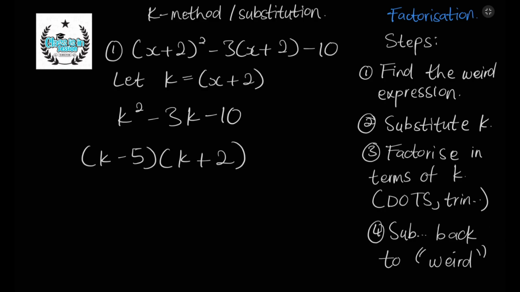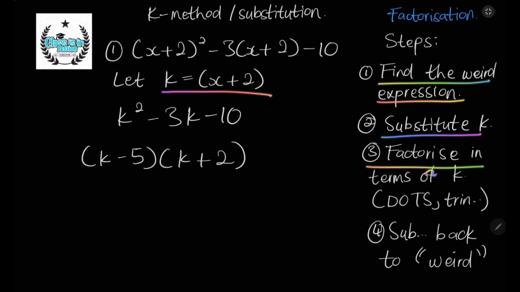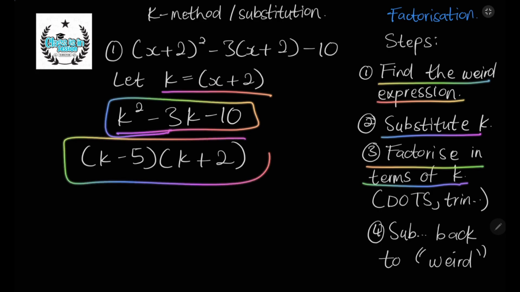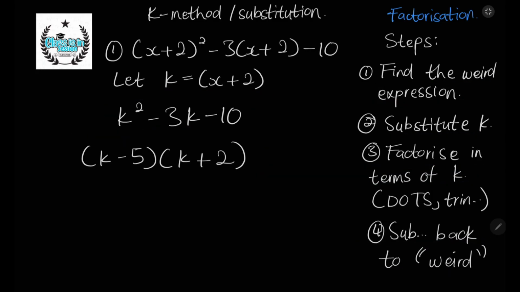So we found our weird expression. We substituted k; we let k be x + 2. Then we factorized in terms of k. You saw that it's a trinomial, and this is how we factorized. Now we need to substitute back to the weird expression. You have k − 5.